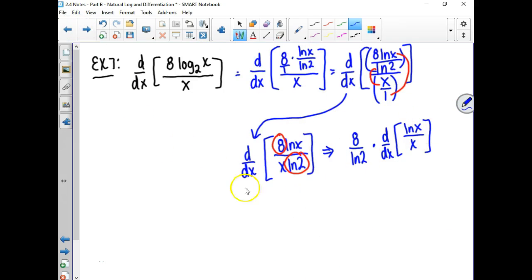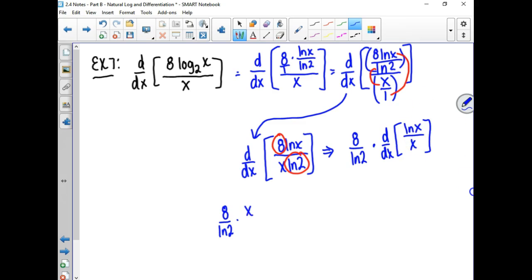Okay? All right, so we still haven't even taken the derivative here, but once we get it to this point, it'll be much easier to take the derivative. So this 8 over the natural log of 2 is just going to stay out front. We're not going to mess with it. And then what do we need to use to take the derivative of natural log of x over x? Quotient rule.